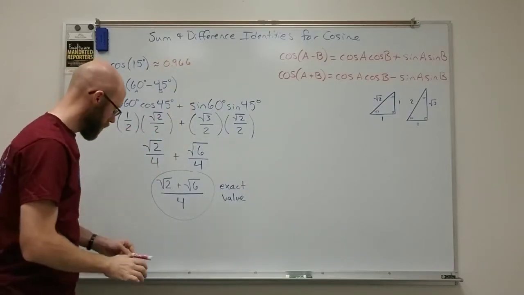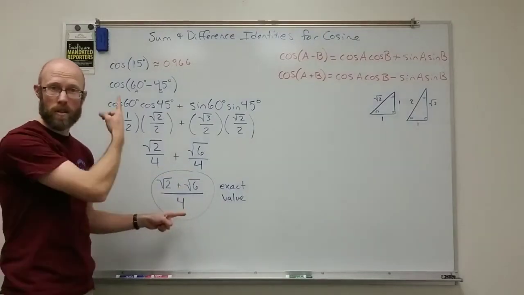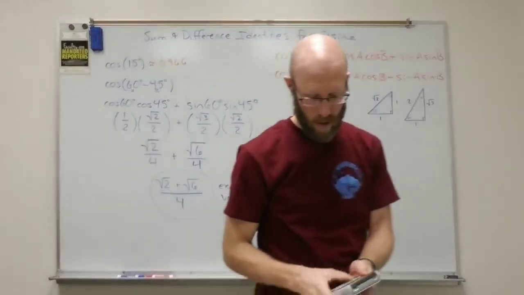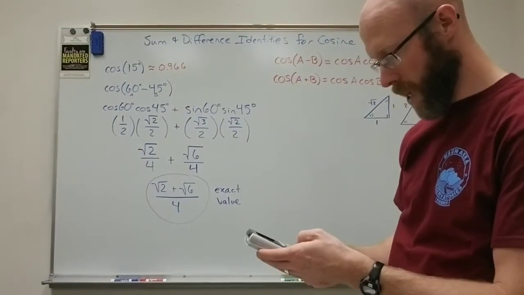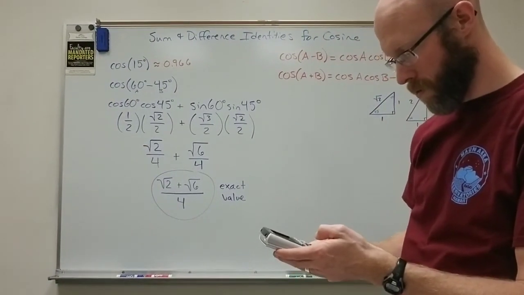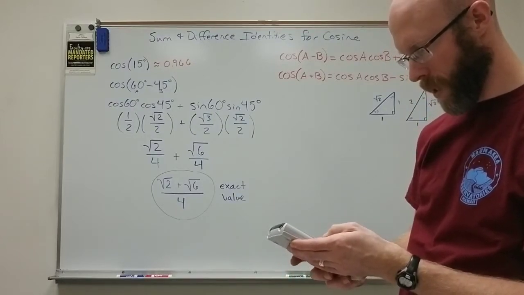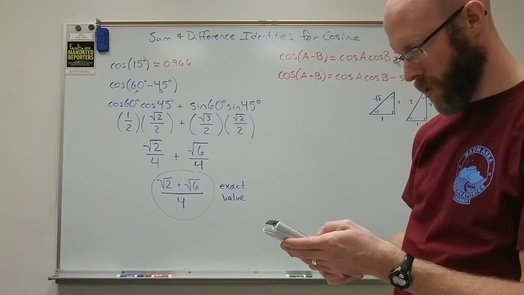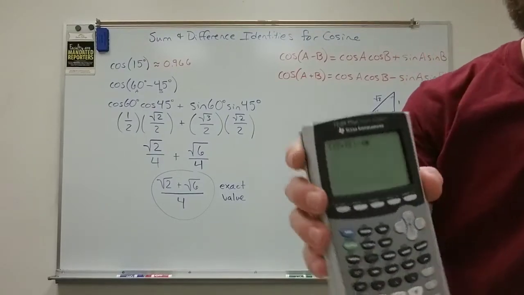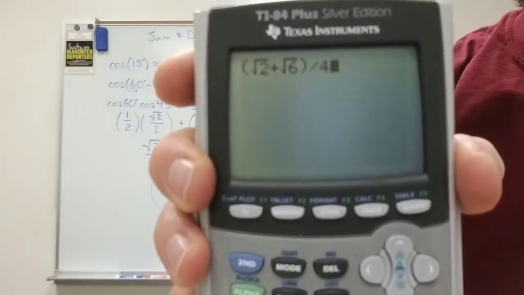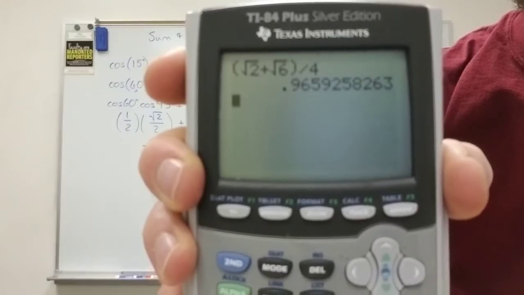Okay, now I'll type this in and just show you that the decimal will be the same. To type that in, I'm going to put parentheses around the top. Parentheses square root 2 plus root 6, divide by 4. And you can see that that shows up to be the same, 0.966 roughly.